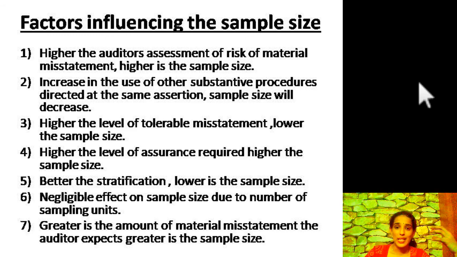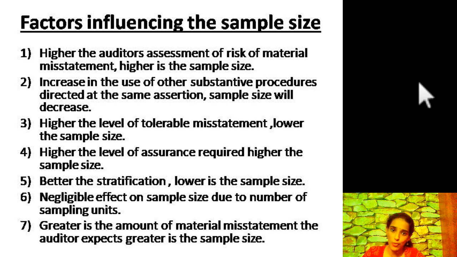So these are the factors which actually influence the sample size. One, higher the auditor's assessment of risk of material misstatement, higher will be the sample size. More is the use of other substantive procedures for the same particular assertion, the sample size will be reduced. Higher the tolerable level of misstatement, lower will be the sample size. And higher the level of assurance, higher will be the sample size.